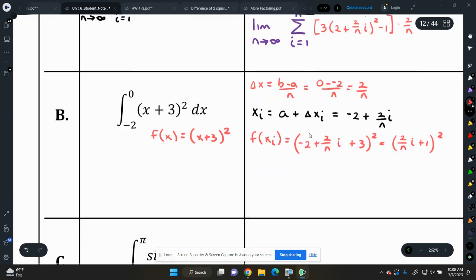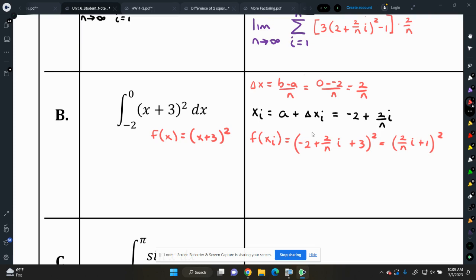Would it be proper to write the negative 2 plus 2 over ni in parentheses and then plus 3 and then another set of parentheses squared? Yes. But it really makes sense to do that negative 2 plus 3 and simplify that.